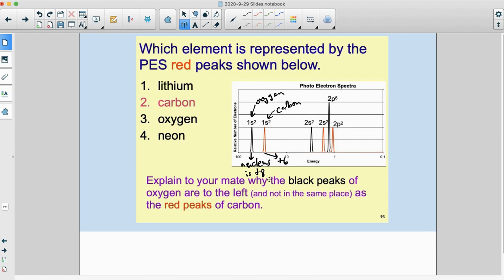Coulomb's law says that the higher the charges, the more attractive force. More protons means higher positive charge in the nucleus, more attractive force on the electrons. More attractive force means that the binding energy is higher. Remember that the x-axis goes from high to low, so going to the left means it requires more energy to remove these 1s electrons from oxygen because there is a higher nuclear charge, from more protons in the nucleus.